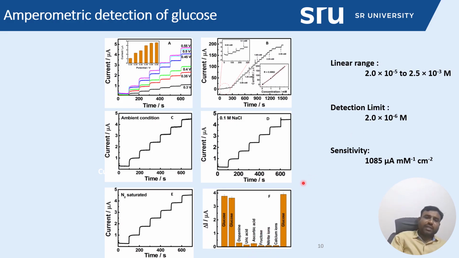So again, if we inject glucose, it again gives the higher oxidation peak current, which means that the fabricated copper sulfide electrode derived from the water-ethanol solvent mixture has high catalytic and sensing properties towards glucose oxidation even in the presence of different possibly interfering compounds.